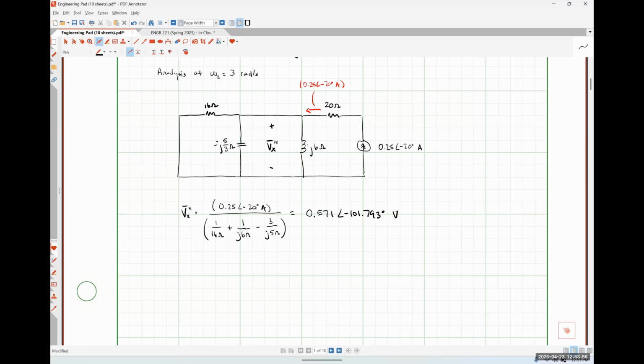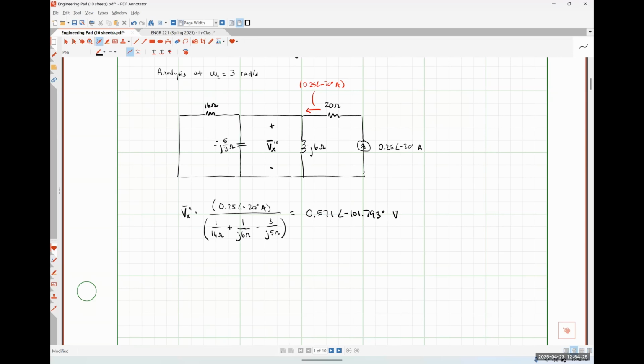One quick question. For the 3/5J, since you're subtracting that, why didn't you just keep it as J 5/3, since that was already negative? In this case, why would it not be positive since we flipped it back up? I think I see what you're saying.